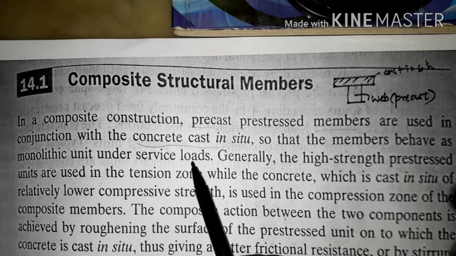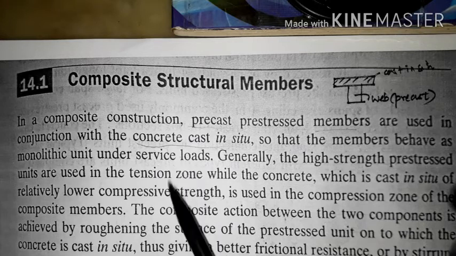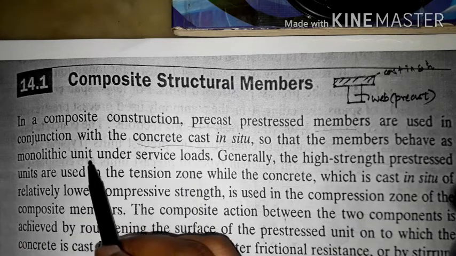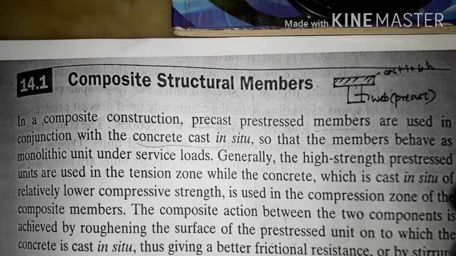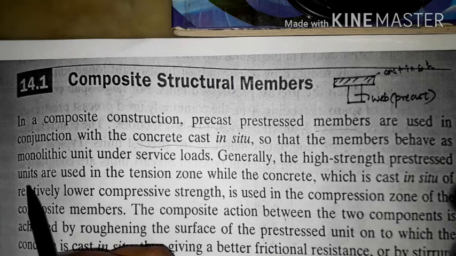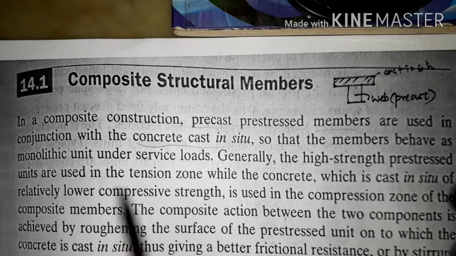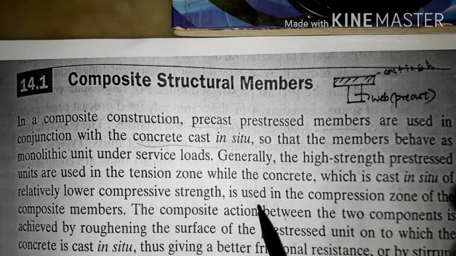When the load is applied over the member, it will act as a single unit. Generally the high strength pre-stressed units are used in the tension zone, while the concrete cast in situ, of relatively lower compressive strength, is used in the compression zone of the composite member.